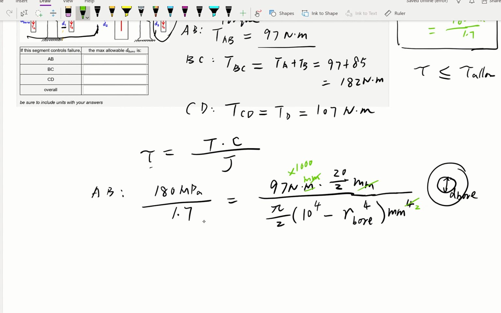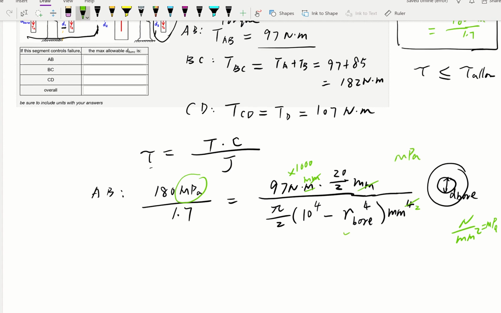And we know Newton per millimeter squared gives us a unit of megapascal. So the left side is megapascal, the right side is also megapascal, and that's good. Then the only unknown variable is this radius, so we can solve for R.